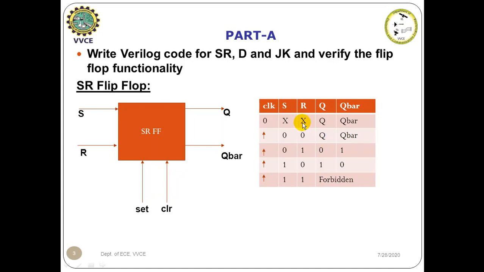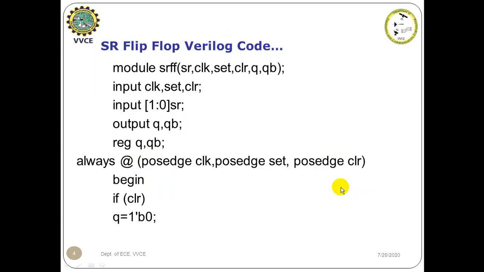If S is 0 and R is 1, Q is 0 and Q bar is 1. Similarly, if S input is 1 and R input is 0, Q output is 1 and Q bar output is 0. But if both inputs are 1, the result is forbidden. This forbidden state can be realized using a tri-state or high impedance state.